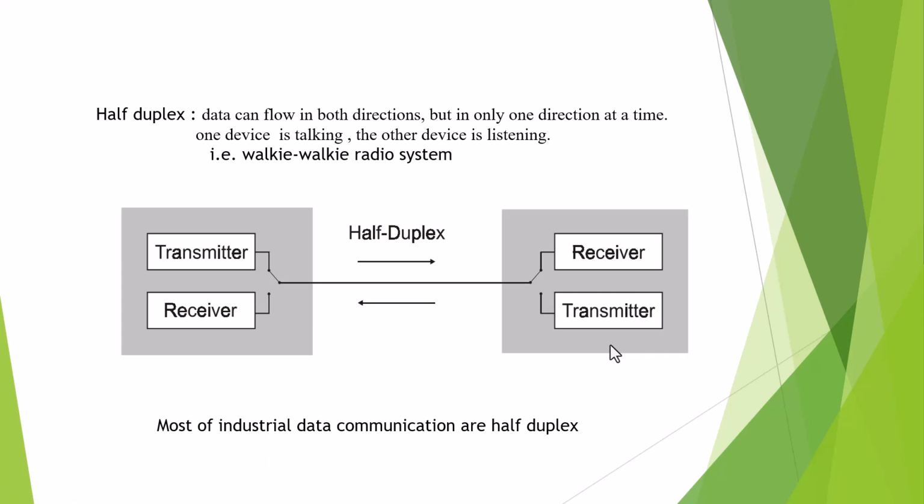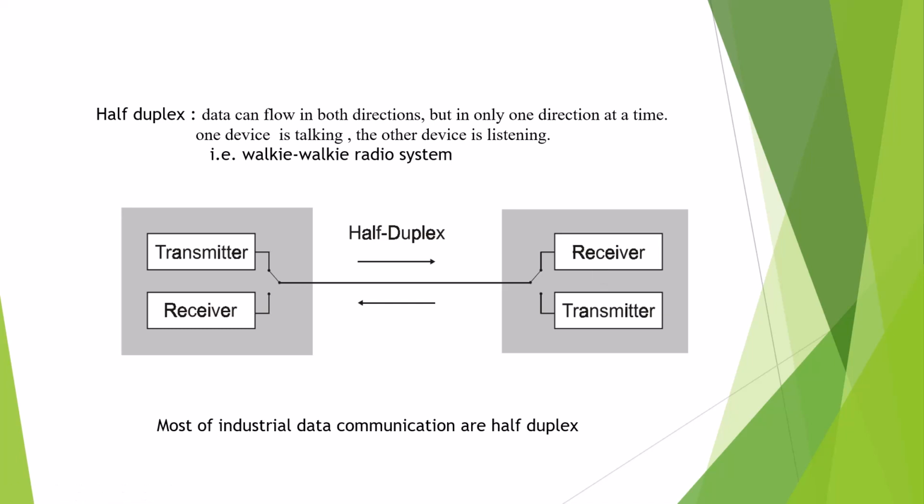The other one is half duplex. Half duplex means data can flow in both directions, but in only one direction at a time. One device is talking, the other device is listening. Here, device A has a transmitter and receiver. The other device, B, has a receiver and transmitter. The signal from device A's transmitter goes to device B's receiver.